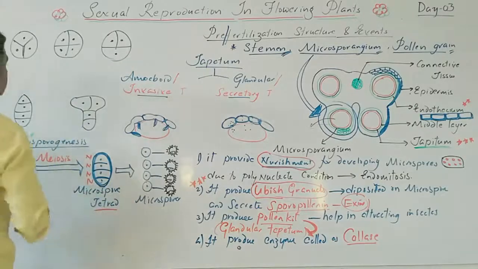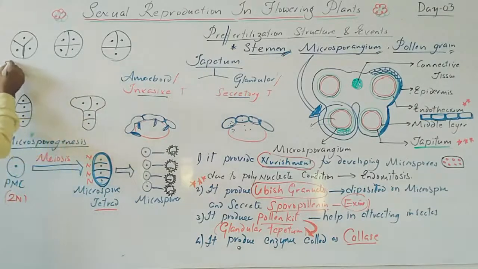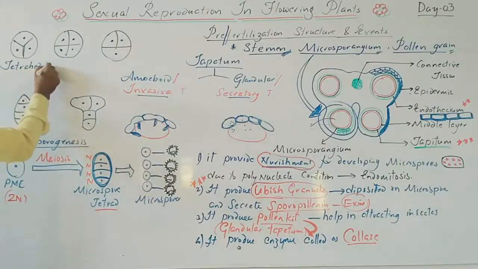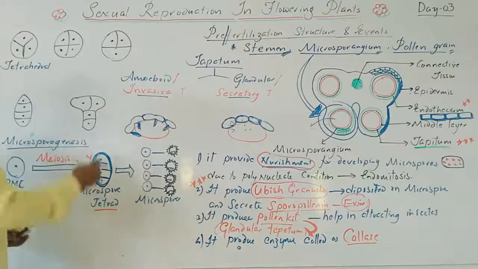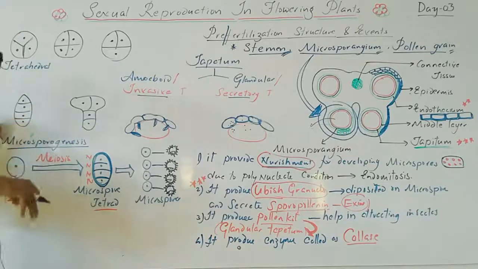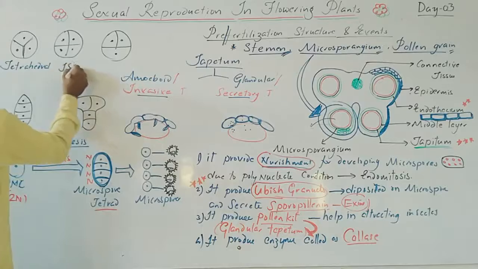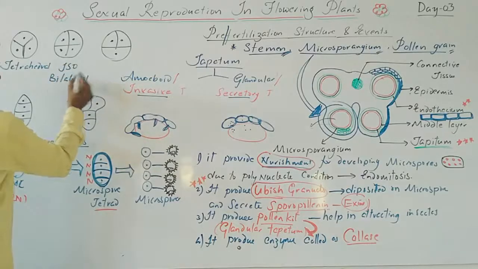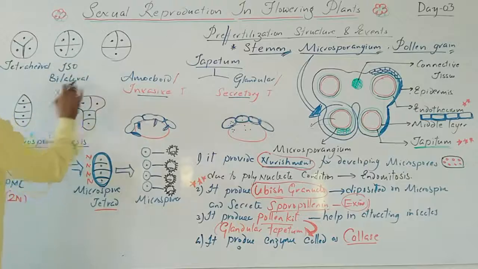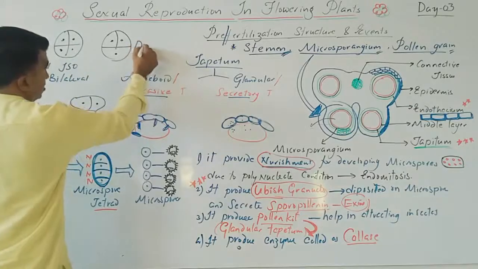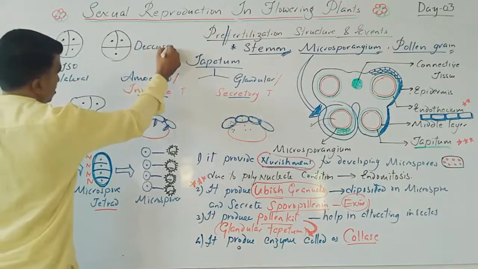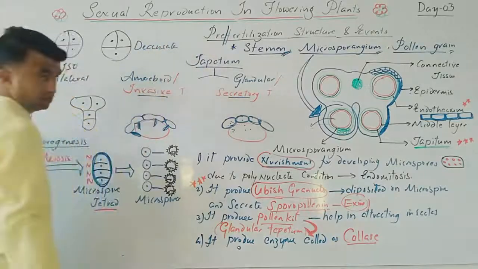So this is tetrahedral. So 4 corners are there, and for the 4 corners, 4 microspores are there. This is isobilateral. This is decussate type.